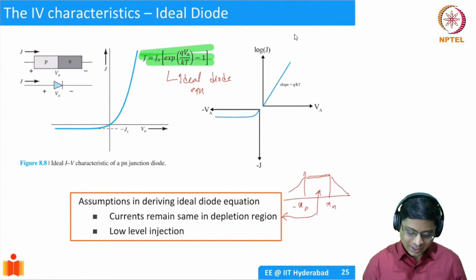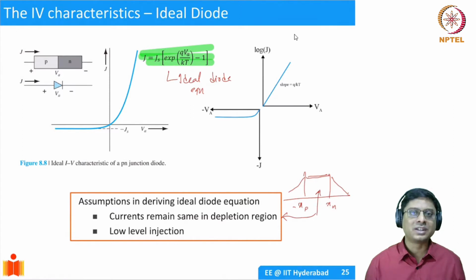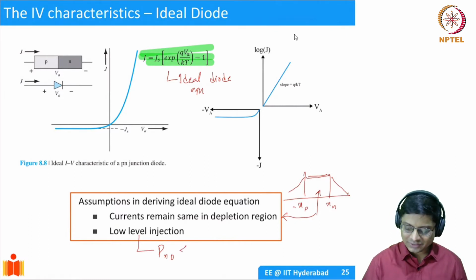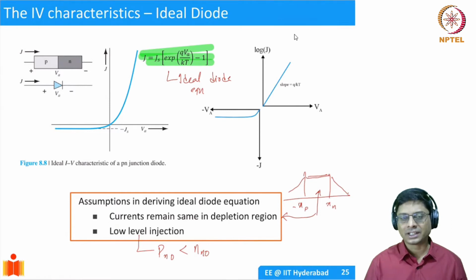We also assumed low level injection, by which we mean, let's say you're injecting holes into the n-type semiconductor. The injected excess carriers are still going to be less than the majority carriers, n naught, which means the electrons in the n-type semiconductor at equilibrium.